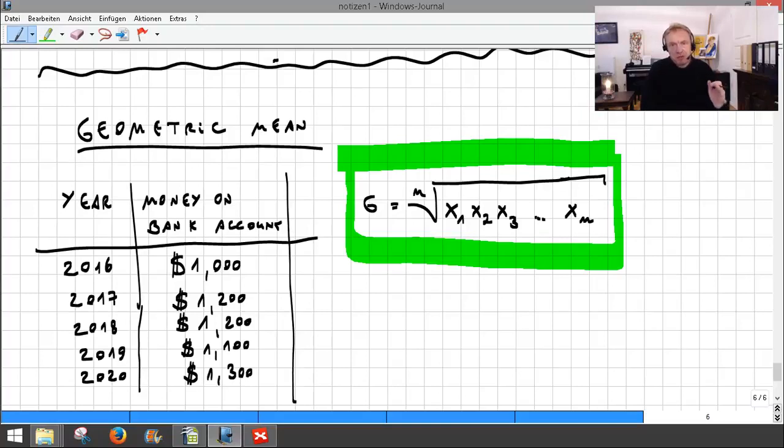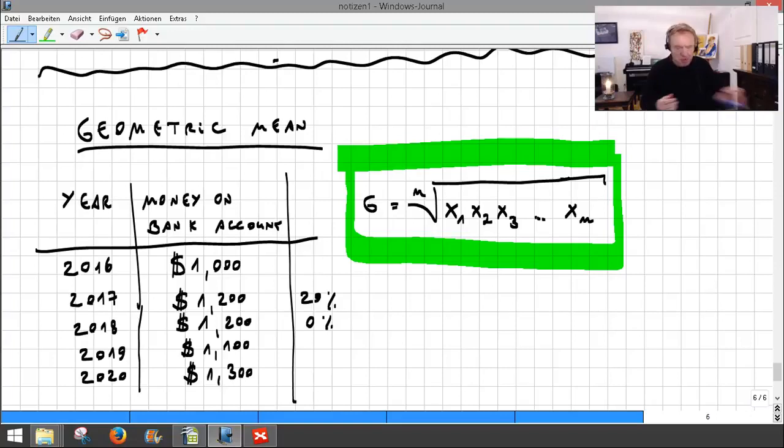So there are certain increases and there's one decrease. From 2016 to 2017, it's an increase of 20%, because 1,200 divided by 1,000 is an increase of 20%. From 2017 to 2018, there's no increase at all, 0%.